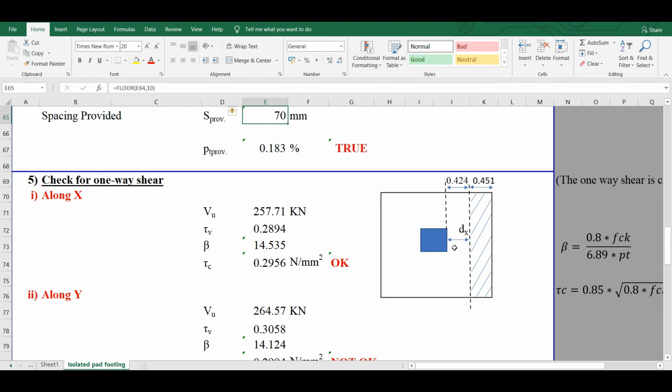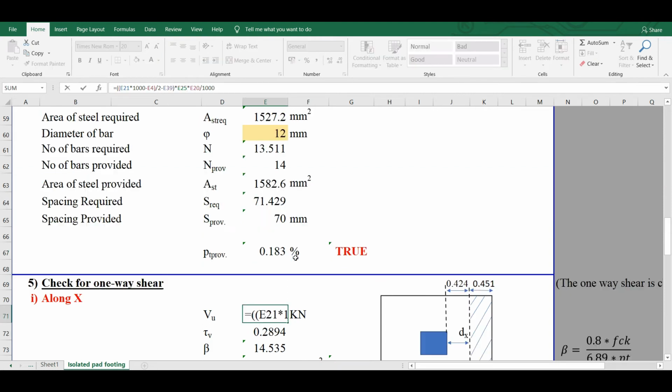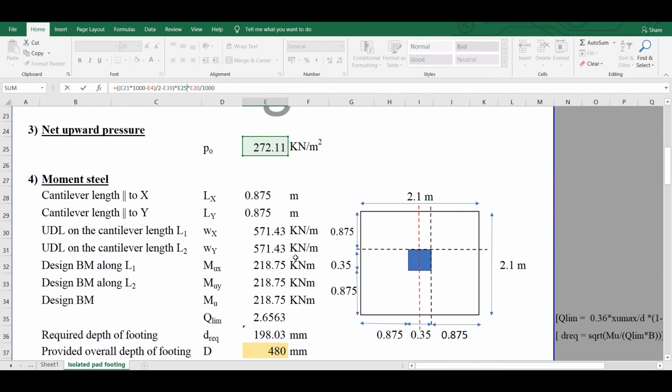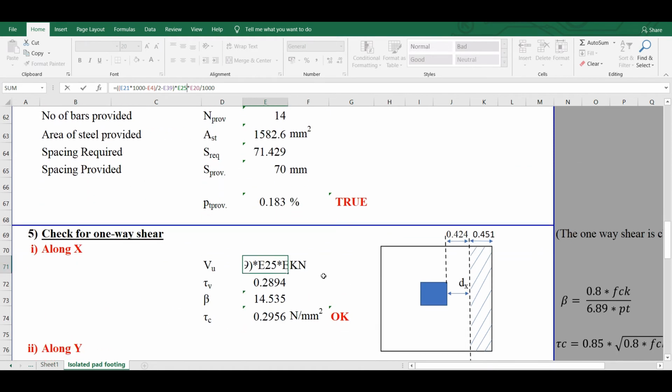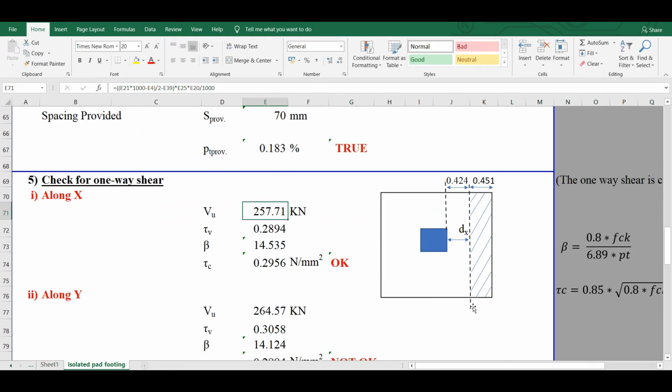In order to get the shear force at this section, the net upward pressure, that is here 272.11 kilonewton per meter square, multiplied by the hatched area will give you the shear force. So the upward shear force is 272 multiplied by the area of this hatched portion.